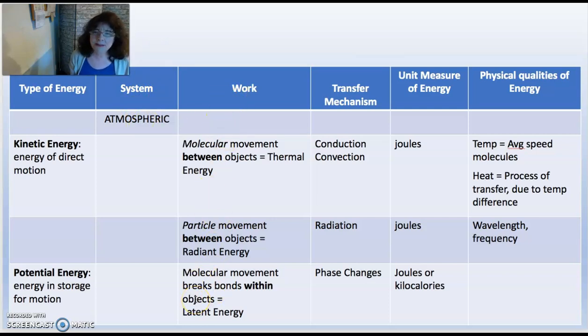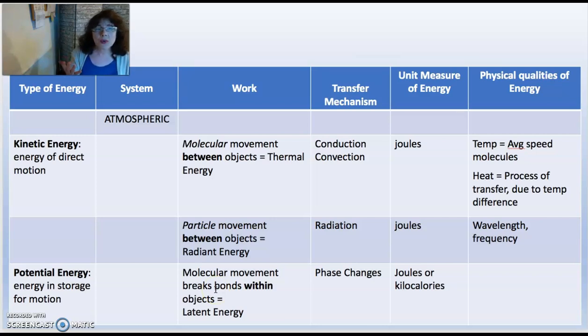For instance, you can do work of moving molecules, or you can do work of moving particles or photons in kinetic energy. When we talk about work for potential energy and storage, we're usually talking about breaking bonds within a substance. In this case, we always talk about breaking bonds within water.